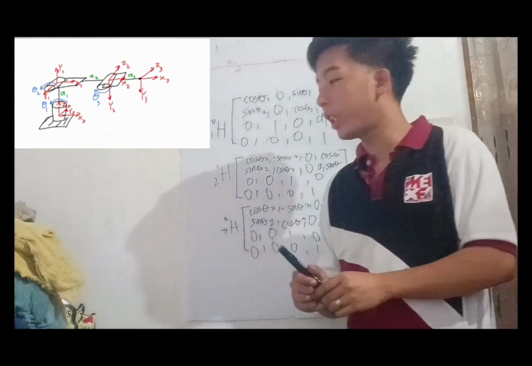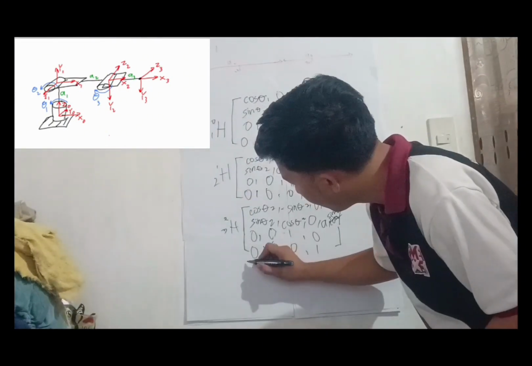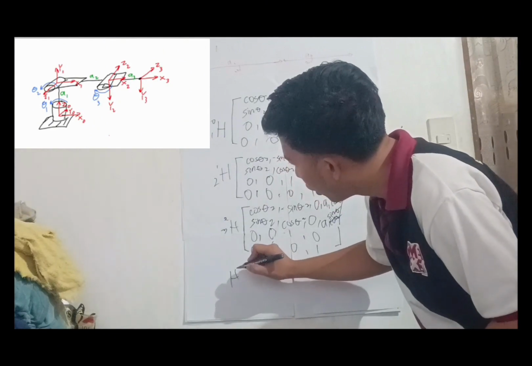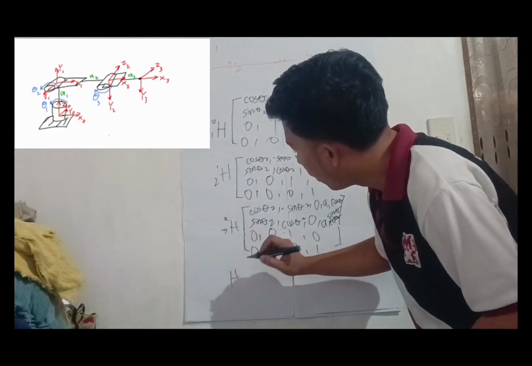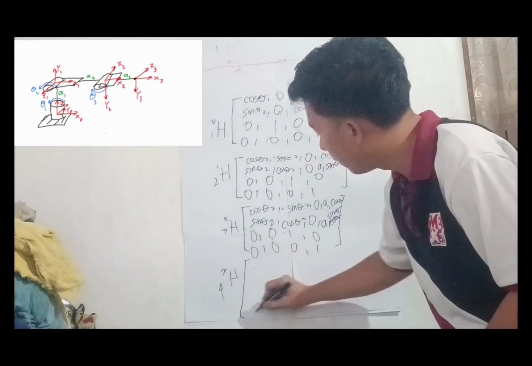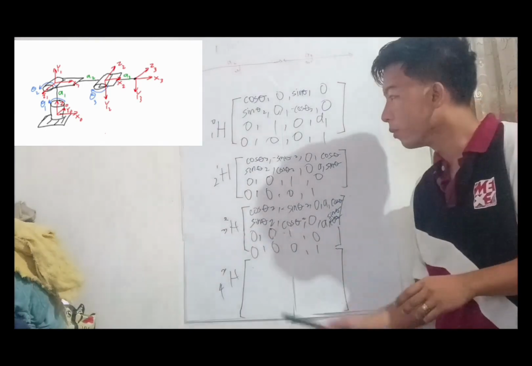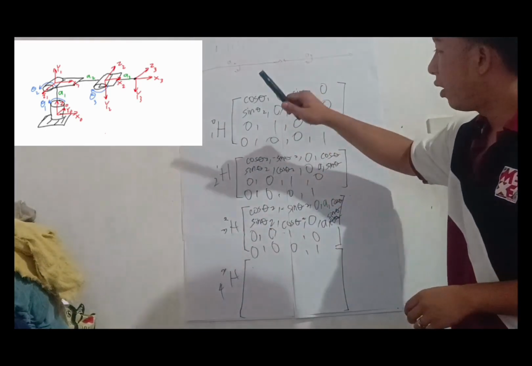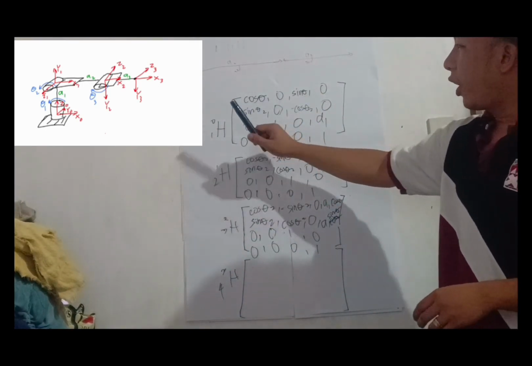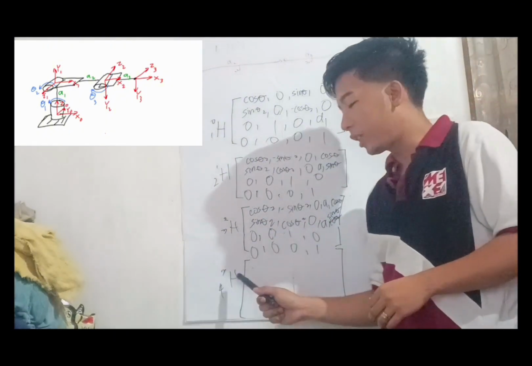So, let's proceed to H03. So this is H01, H12, H23, and this is the last.